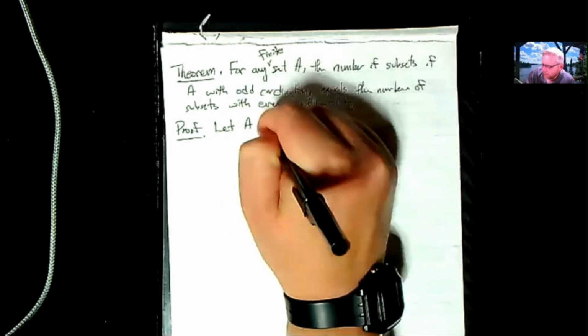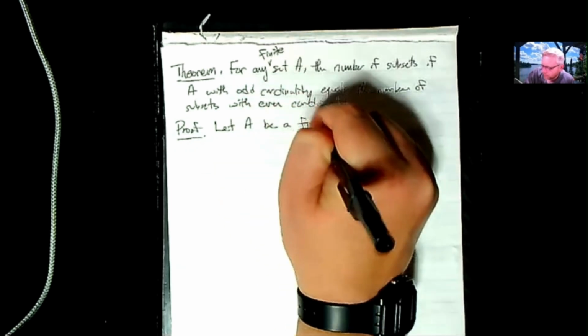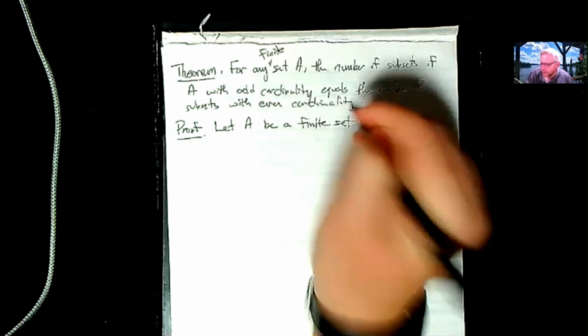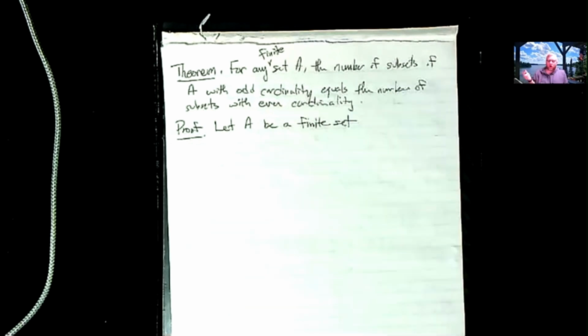So let A be a finite set. And just by writing that, I've now created an arbitrary set that I'm going to prove something about, and by doing so, I will have proved it about every possible set, because nowhere along the way will I require, oh yeah, A has to have 27 elements, or A has to be a set of cars, or A has to be a set of numbers, or A has to have exactly 32 subsets, or whatever.